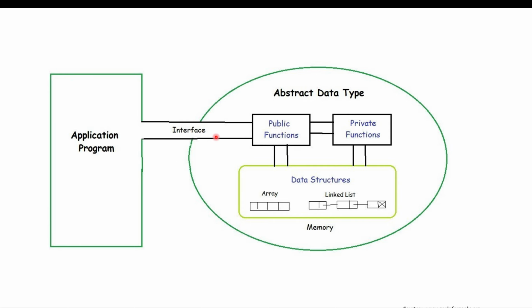And this interface will be primarily focusing on the non-vital parts of the program, through which the user will not be able to know what kind of functions or data structures that abstract data type is capable of performing. So the implementation details of the abstract data type are entirely hidden from the application program. What the user can see is only this application program and nothing else, and this application program will interact with the abstract data type through an interface.